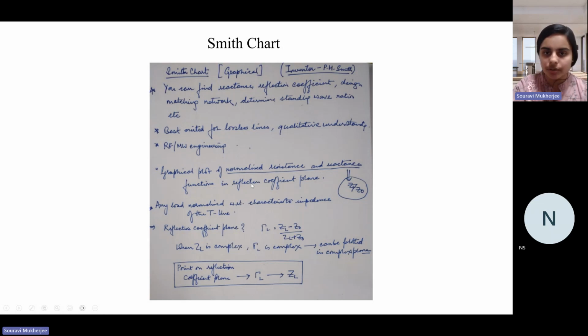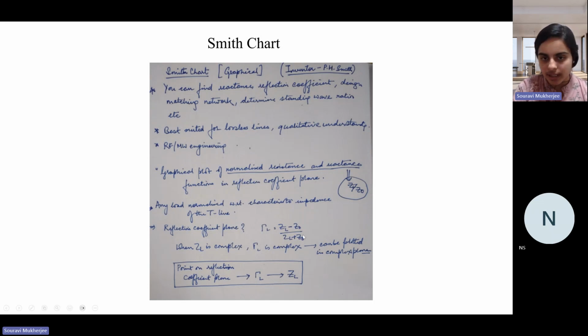Okay. Now we want to represent this on the reflection coefficient plane. Now, what do we mean by the reflection coefficient plane? If you remember, this is the reflection coefficient, right? It's the ratio of the amplitudes of the reflected wave to the incident wave, right?